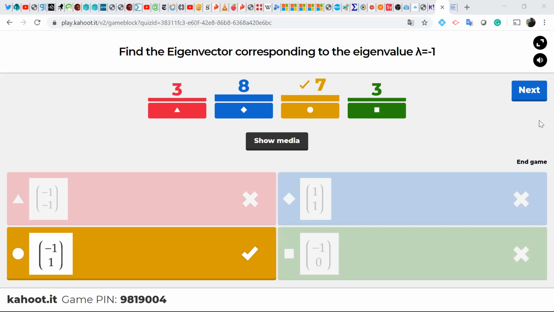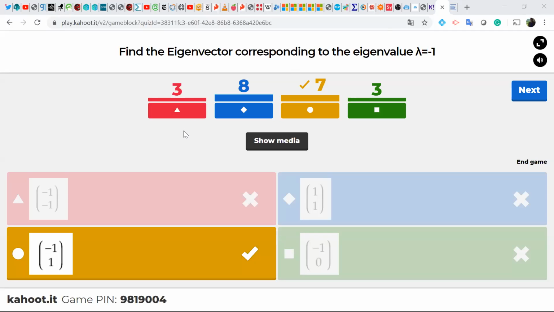Maybe you can have an answer that is a multiple of -1, for example. You can have an answer as 1 and -1, and 1 and -1 will be a correct answer because it is a multiple of this vector. You can multiply it by -1 and you will get that.